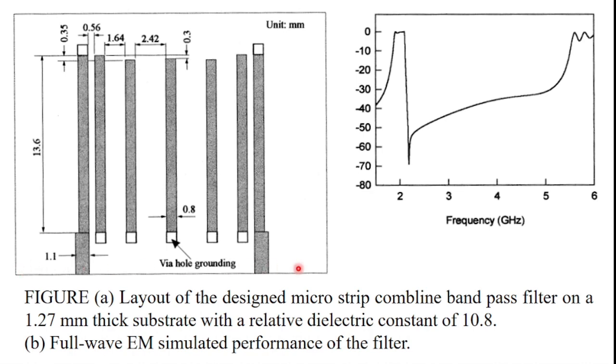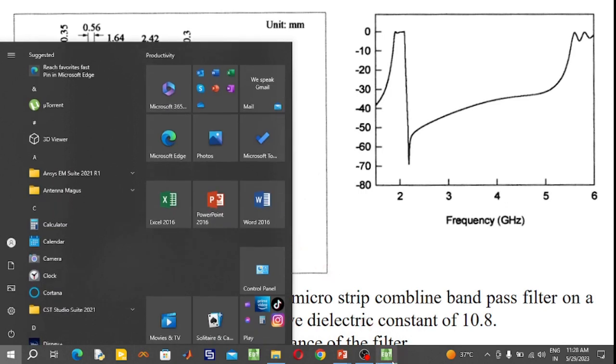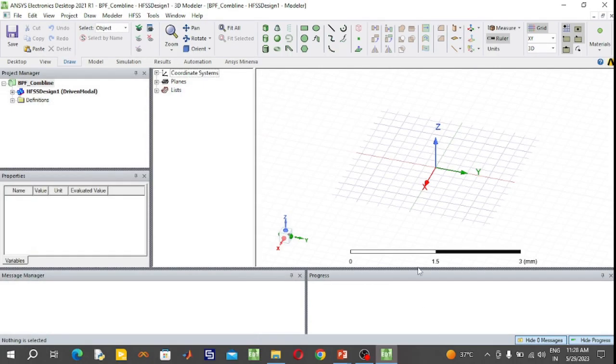Adding all these values approximately, consider the length and width of the substrate to be 21.6 mm and 19.4 mm.